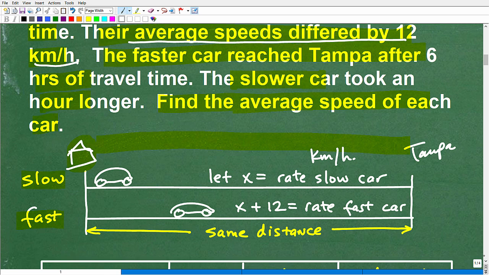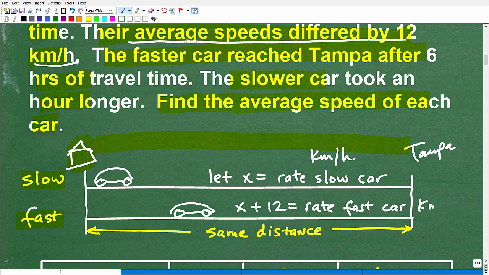So the faster car must be going 12 kilometers per hour faster than x. Whatever the slow car's speed is, 12 more is the speed of the faster car. So we'll let x plus 12 equal the rate of the faster car.